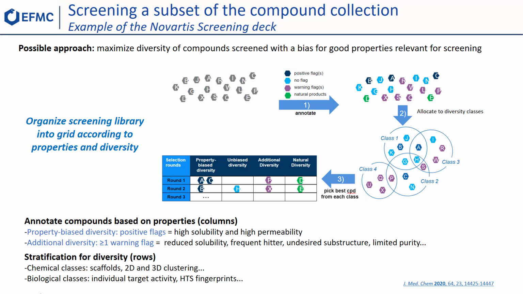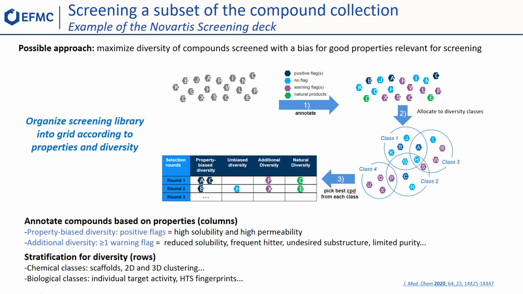First, the compounds are annotated. They can either have a positive flag, these are the dark blue ones, because the compounds have high solubility and high permeability. They can also have no flags, these are the light blue, or they can have a warning flag. These are compounds that may have reduced solubility, compounds that are known frequent hitters, that have undesired substructures, or samples of limited purity.